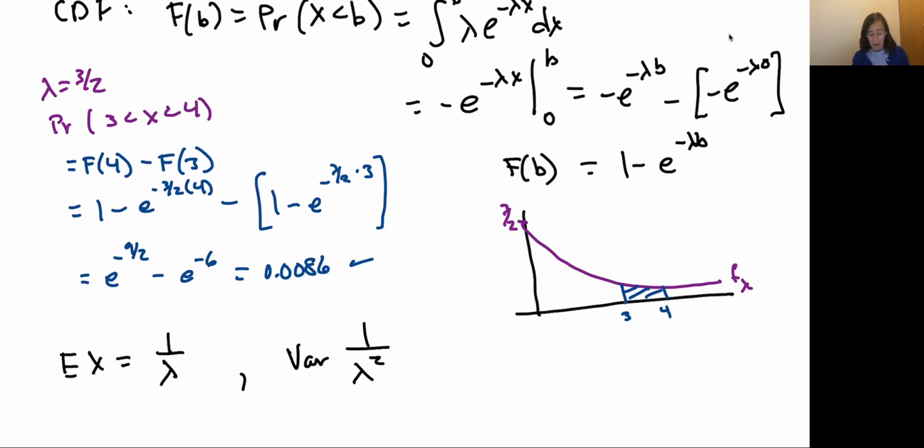The thing that you can also see from these claims I just made, and I'm not going to derive the expected value and the variance, but I am telling you what they are, is that as lambda gets larger, both the expected value and the variance of an exponential random variable decrease.